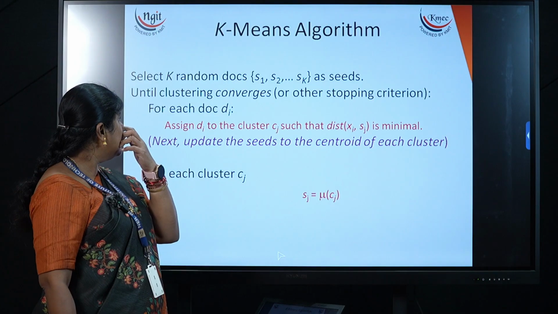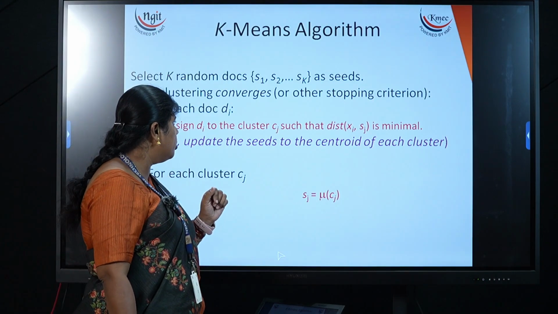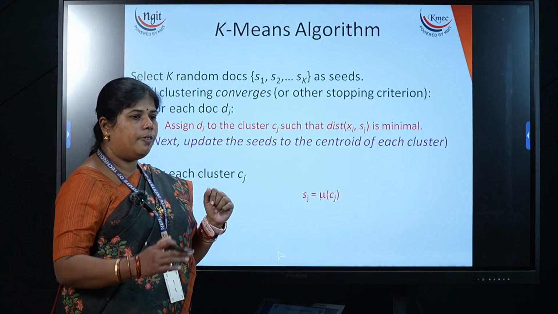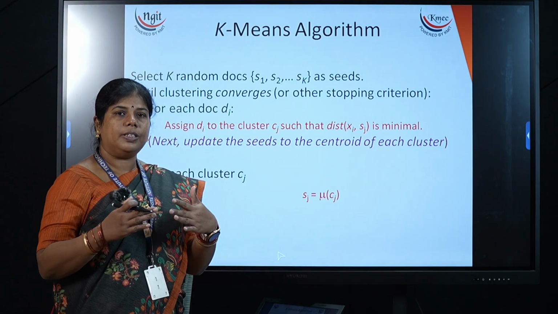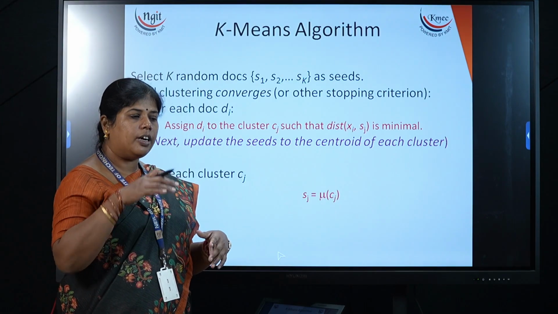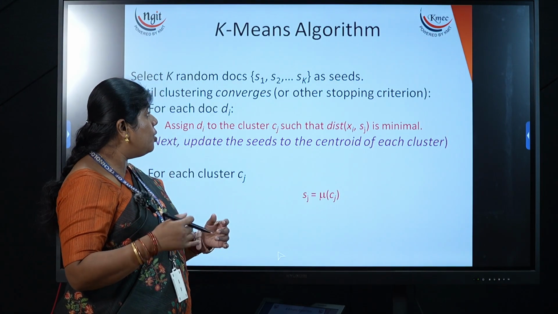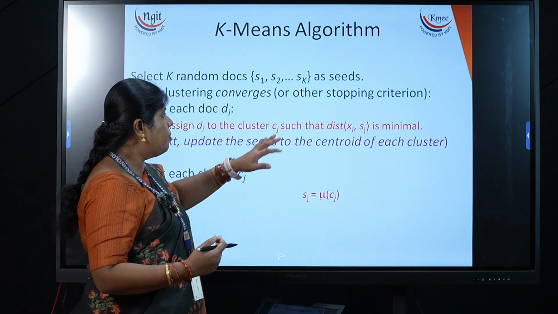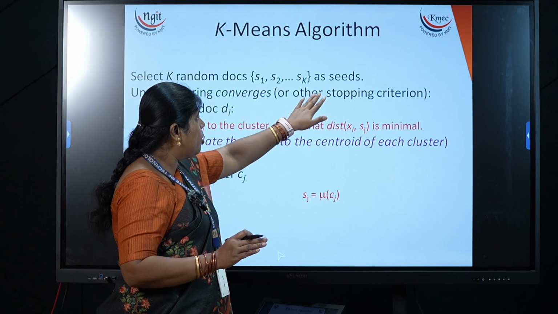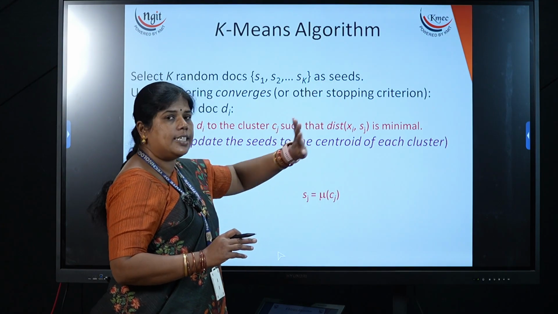Now what are the steps of the k-means clustering algorithm? When I have just started with clustering, I don't know that a particular centroid is a perfect centroid. So in the first step of my algorithm, I will call it a seed.